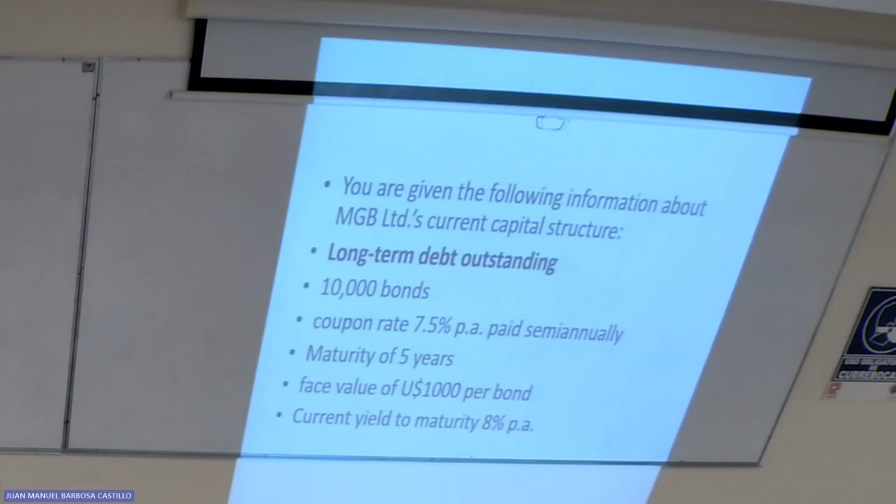Which people are not going to be paid? The shareholders, because banks are also investors. Why? Because they come at the end. They get whatever is left. They are a residual claim on the company's assets.